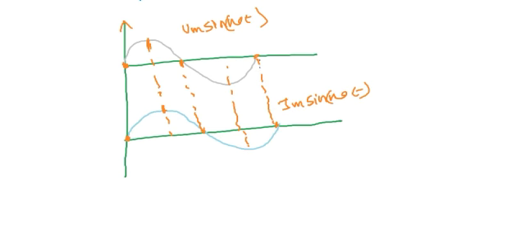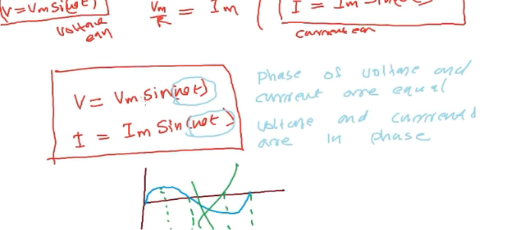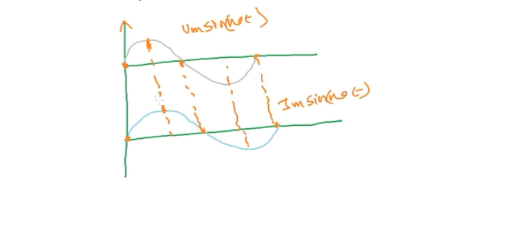At every point this will be satisfied. If a circuit only contains an alternating voltage source and a resistor, the voltage waveform and current waveform will be in phase, or there will not be any phase difference between the voltage and current.